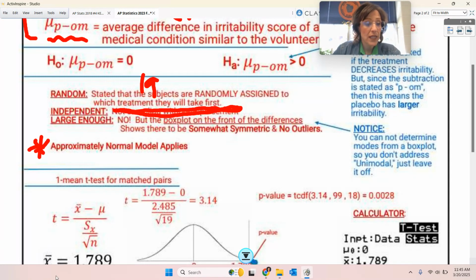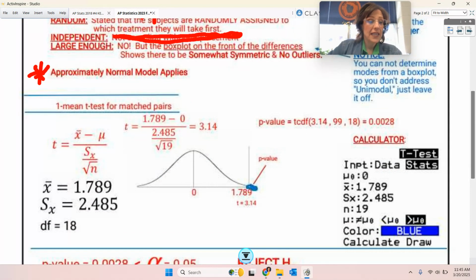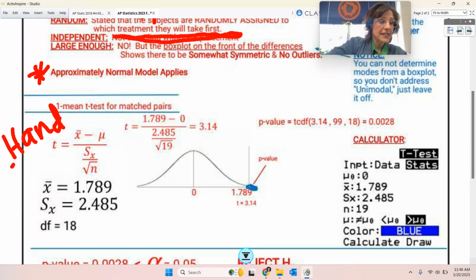All right, this is a one mean t-test for matched pairs. Now, if you did this by hand, it would look like this. Here's your t-score, which you didn't have. Here's my t-score.